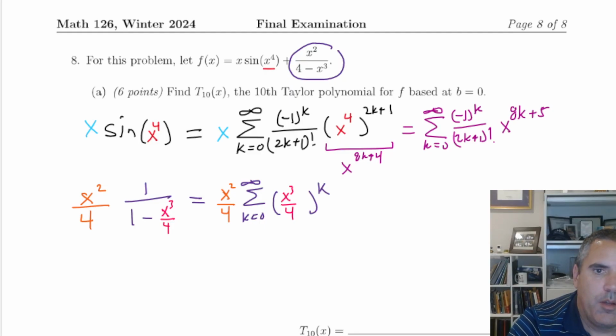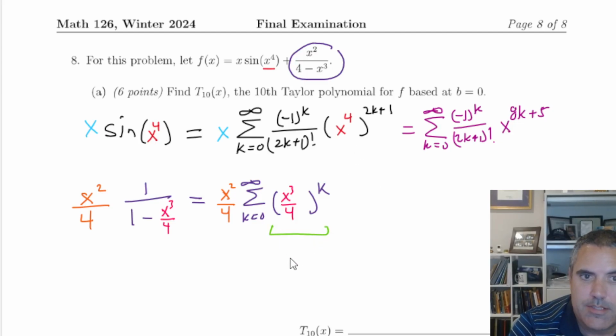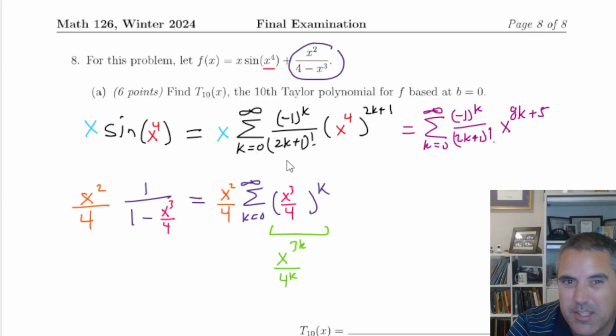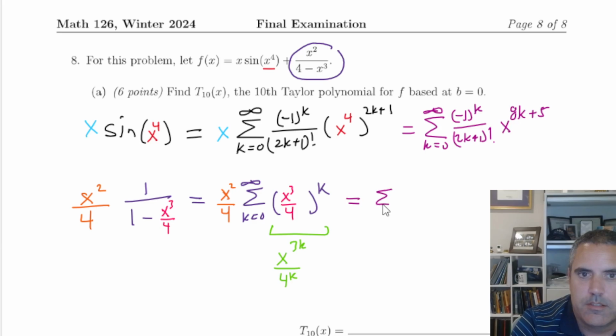And then again, if I'm doing this, I would want it to be a little more user-friendly for myself. And so this is the same as x to the 3k over 4 to the k. And if I distribute that x through, let's write kind of the cleanest possible answer. It's going to be the sum from k equals 0 to infinity. Let's make it as clean as possible.